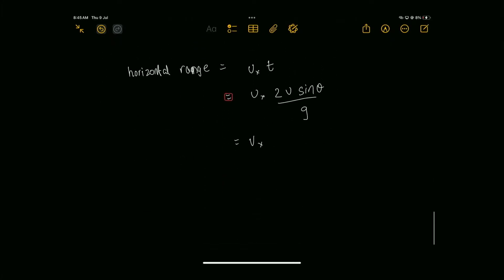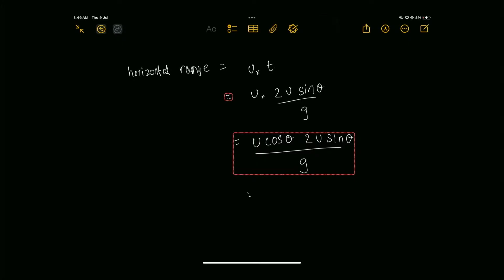So we can write that here, u cos theta times 2u sine theta over g is equal to the horizontal range, right? So we could put the u's in front, we could put the 2 in front, and u times u is u squared, and we get this.